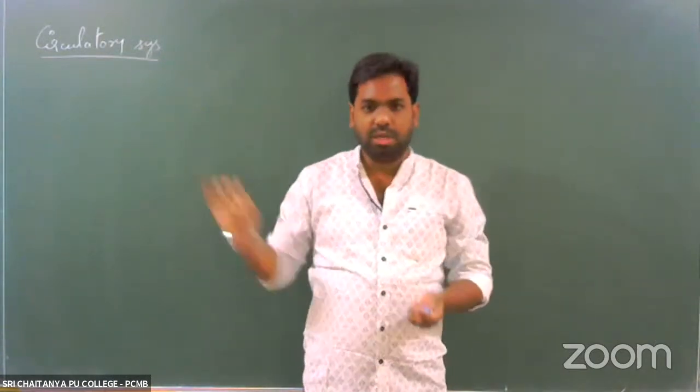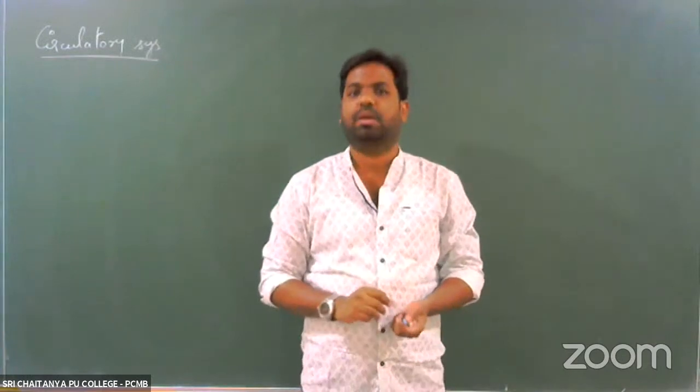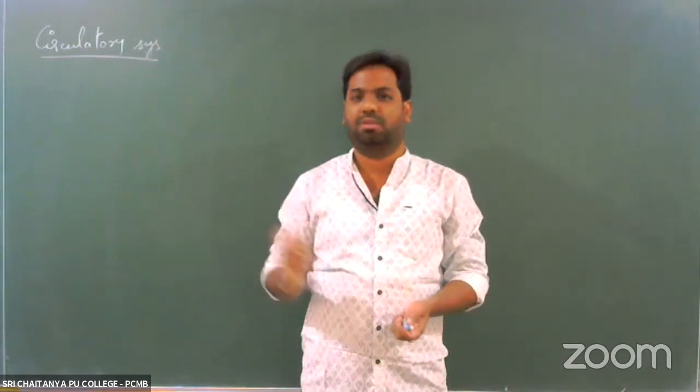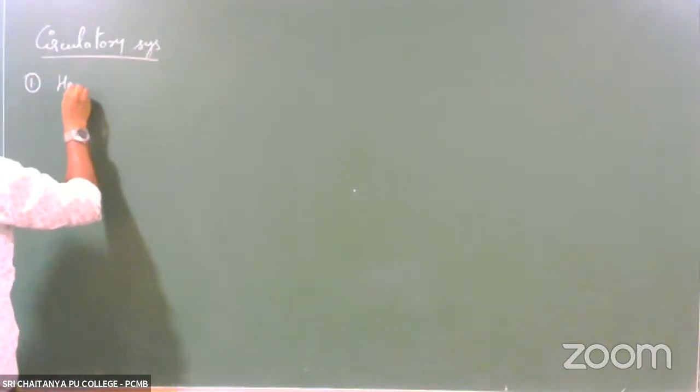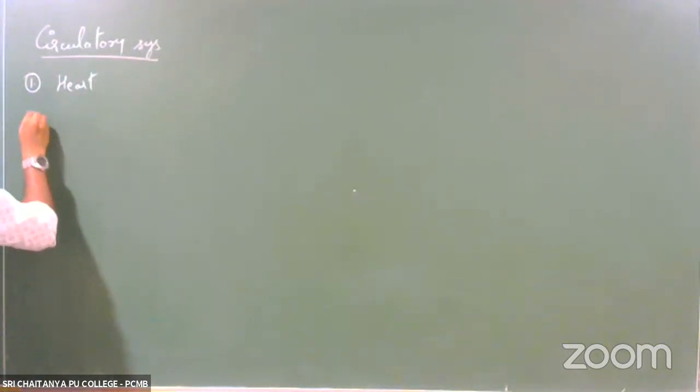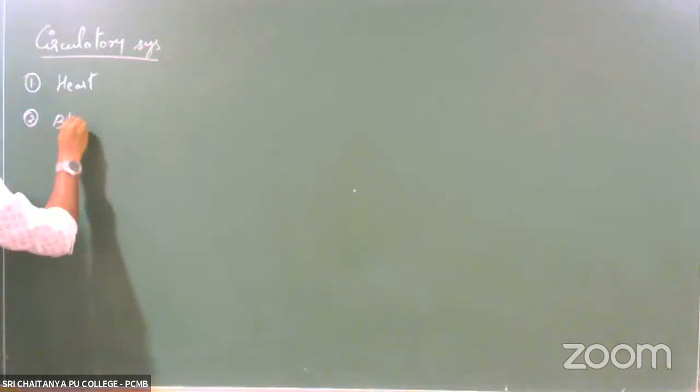These organisms also show this closed type of circulatory system, right? There are three major components of the circulatory system in these organisms. The first major component is the heart. The second one is the blood vessels.